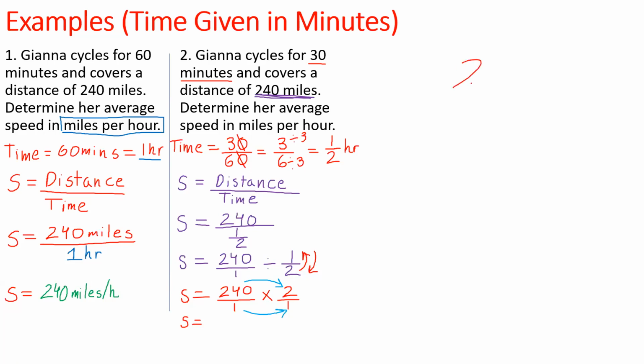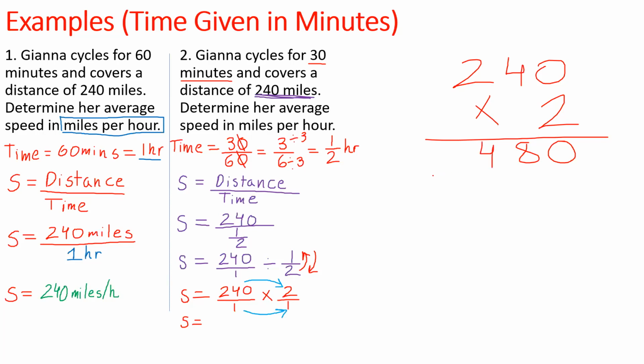Let's try that. 240 multiplied by 2. 2 times 0 is 0. 2 times 4 is 8. 2 times 2 is 4. So it's going to be 480 over 1. What is 1 times 1? It's 1. So what is 480 over 1? That's going to be equal to what?